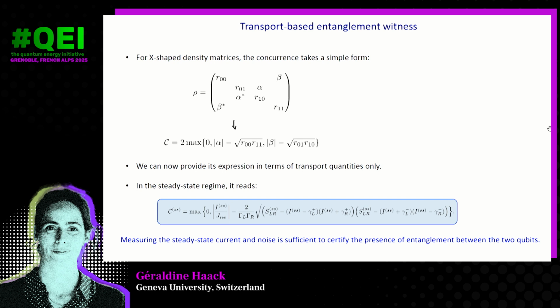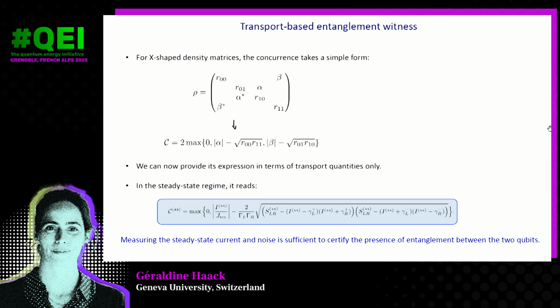And for instance, for this kind of density matrices, it takes this simple form, where it only depends, you see, on the absolute value of the coherences and on the populations. And so now, in fact, we can provide an expression of the concurrence based on transport. So thanks to this work, we could propose a transport-based witness for entanglement.